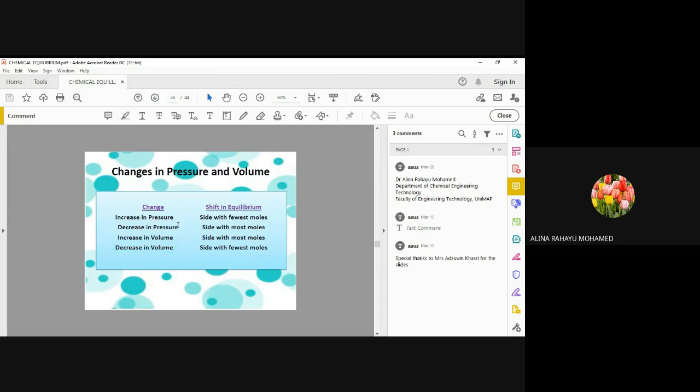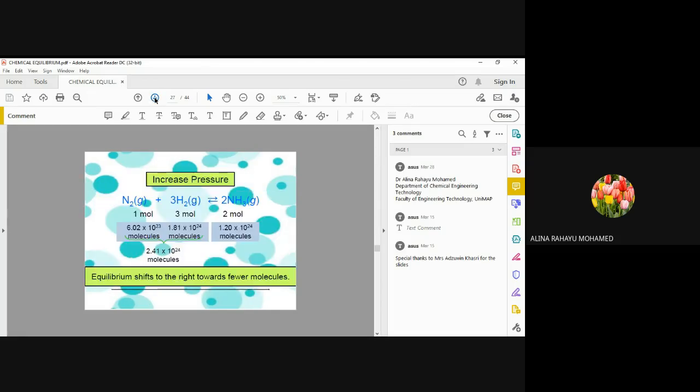A decrease in the pressure will cause a shift in equilibrium towards the side with the most moles. An increase in the volume will cause the shift in equilibrium toward the side with the most number of moles, and a decrease in volume will shift the equilibrium toward the side with the lowest number of moles. Okay, what does it mean?